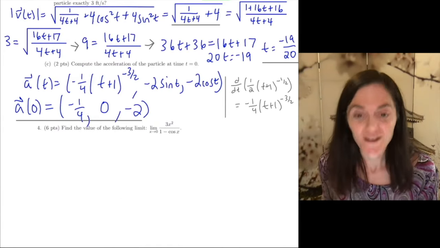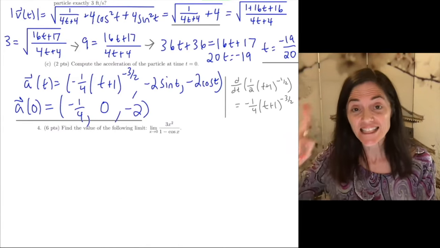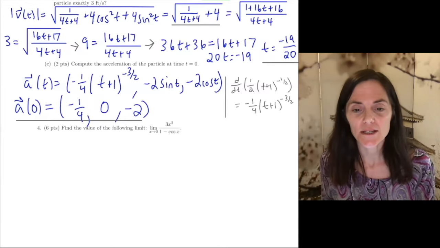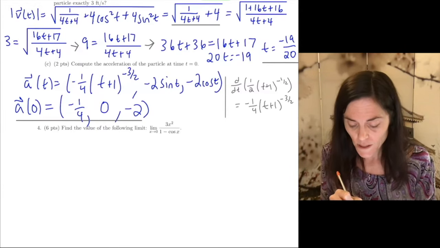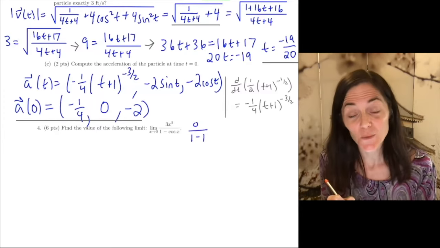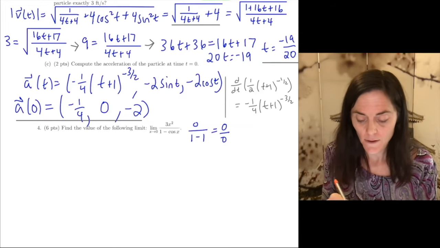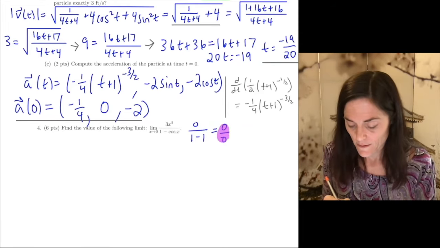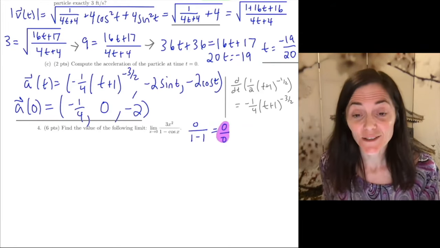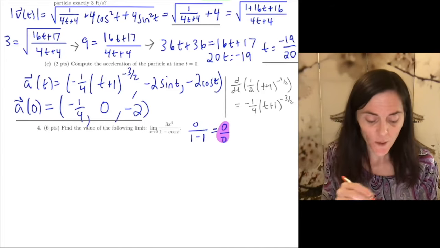Now for number 4, we try to evaluate this limit as x approaches 0 of this function. We would have 0 over, well, cosine 0 is 1. So in fact, we get 0 over 0. This is our signal to do something, in particular, L'Hopital.